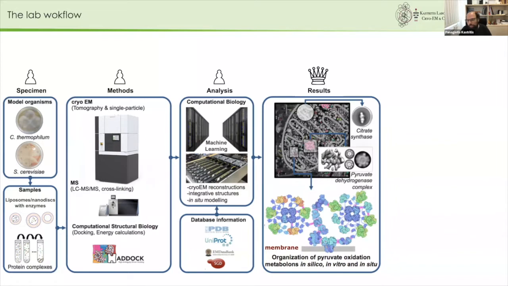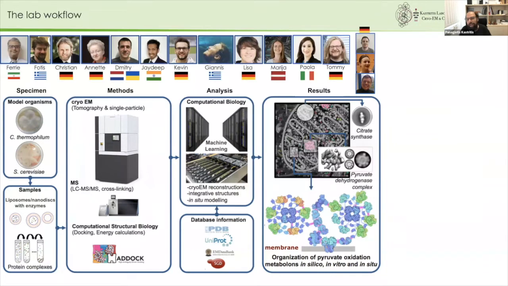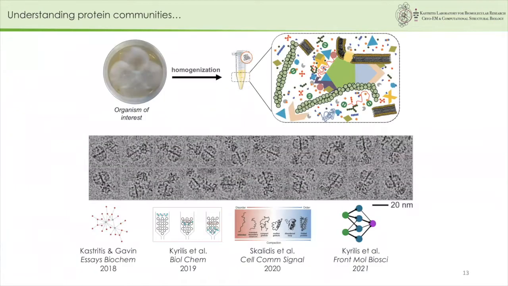And in order to try to understand and apply all of these methods, I have here in Halle a very international lab, and I'm very happy for it, and it includes 8 different nationalities, and everybody's working on the things that I'm showing afterwards.